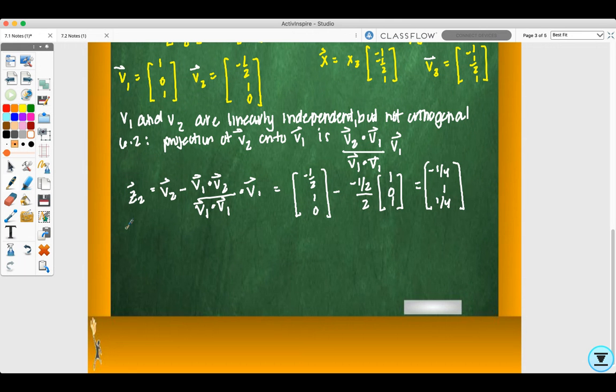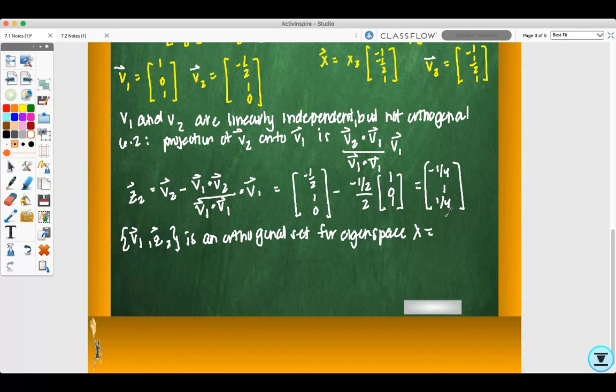So my set V1 and Z2 is an orthogonal set for eigenspace lambda equals 7.